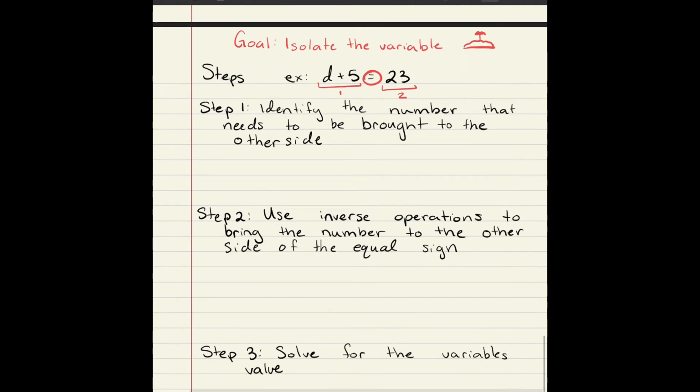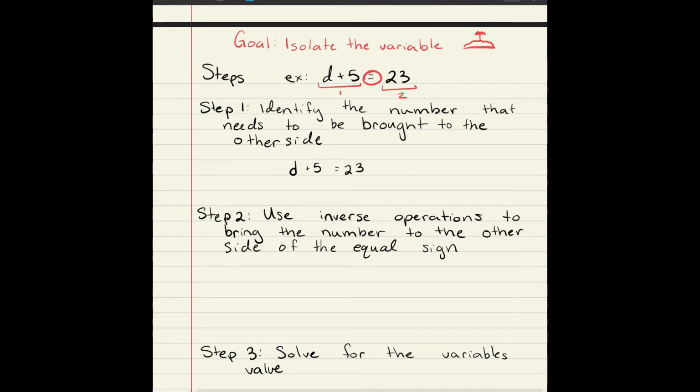So let's look at our steps to figure out how we'll do that. Step 1 is to identify the number that needs to be brought to the other side. We have d plus 5 equals 23.